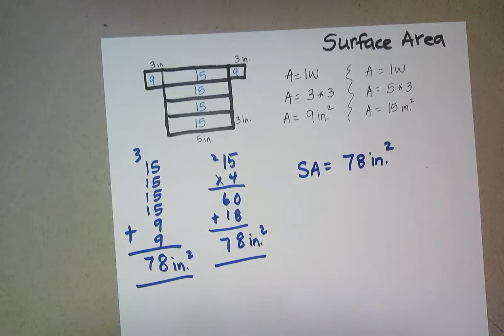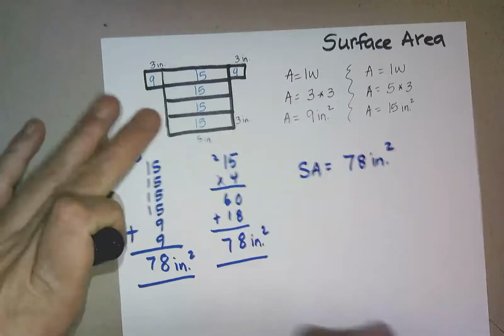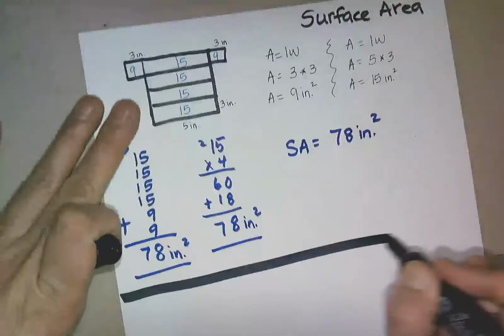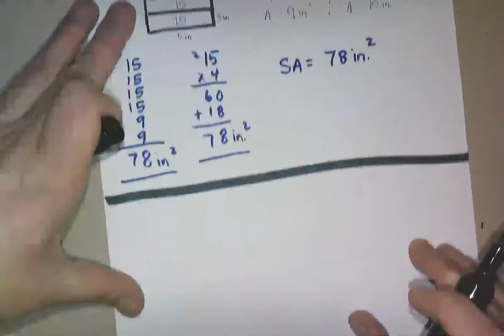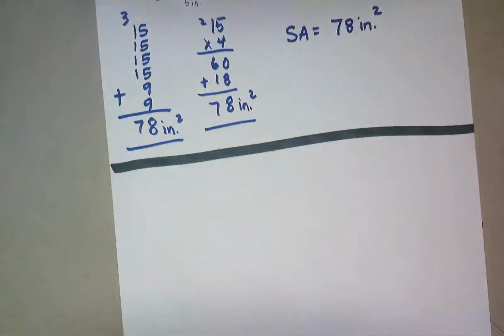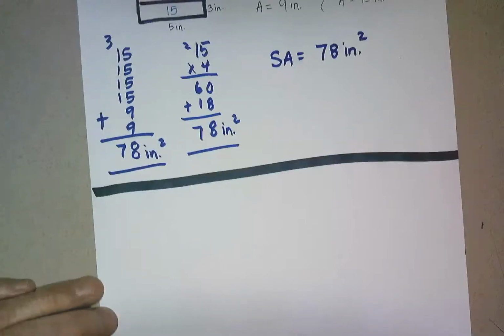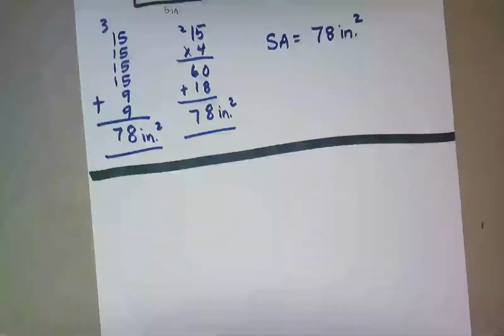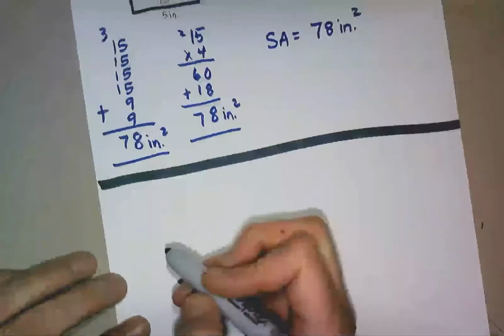Okay, let's take a look at another rectangular prism. Okay, let me draw a shape that is similar to this shape right here. All right, let's see. Here we go.